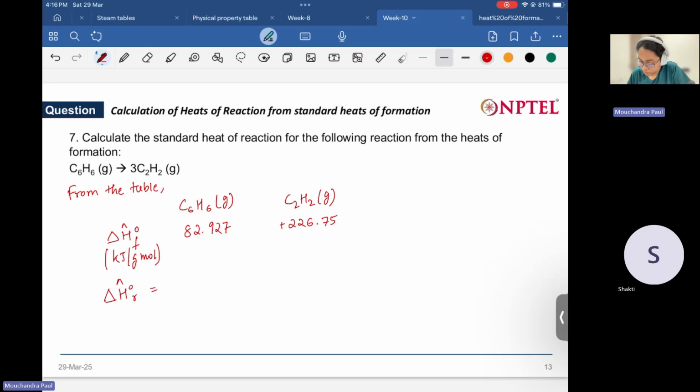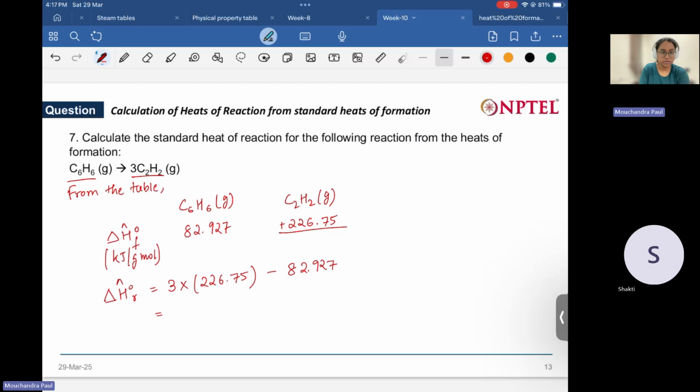The stoichiometric coefficient of acetylene is 3, so 3 into the heat of formation of acetylene. This is the product side, minus for the reactant, it is 82.927.